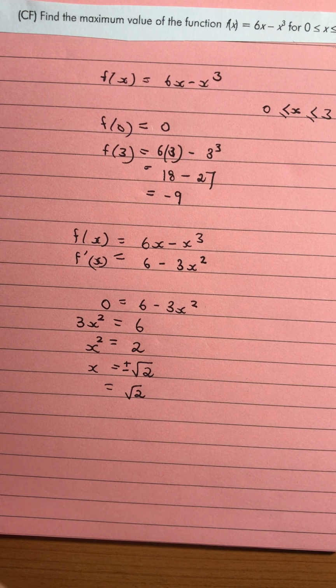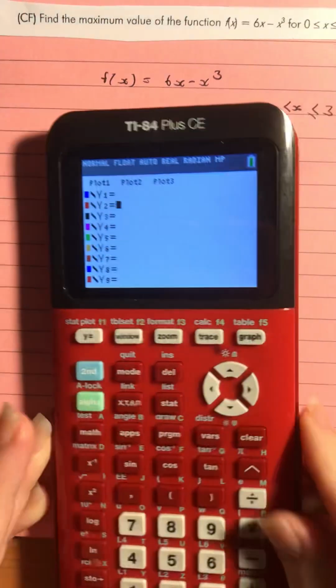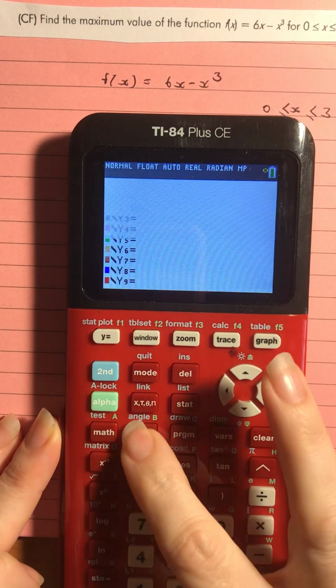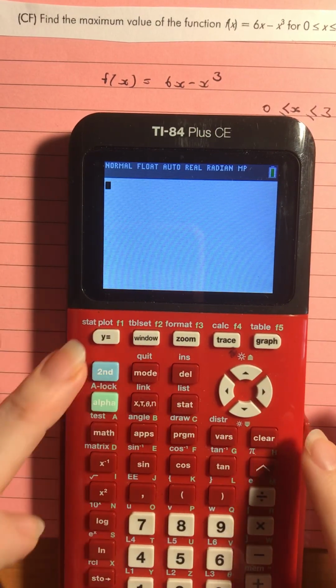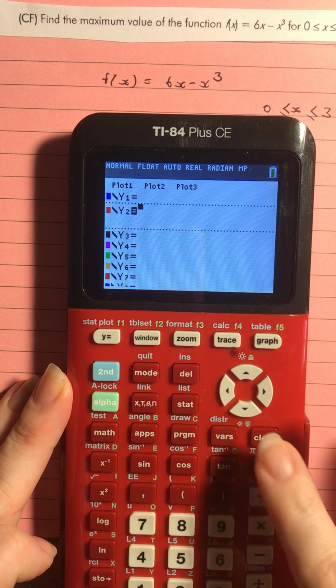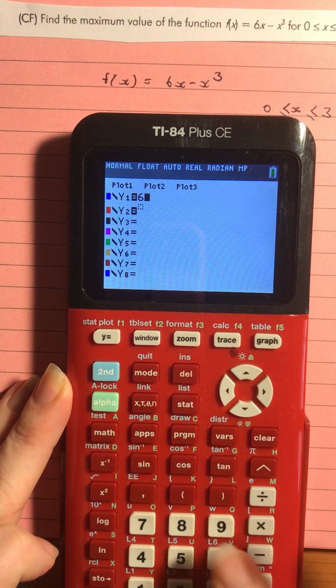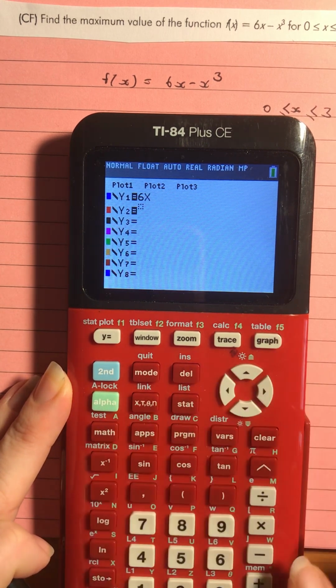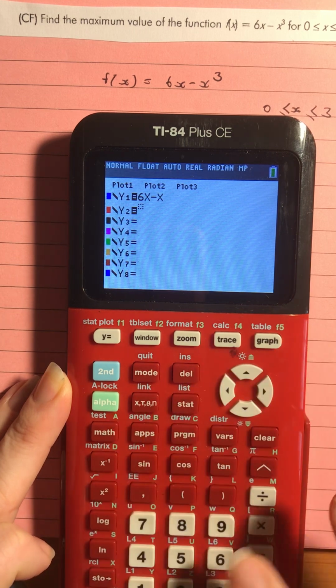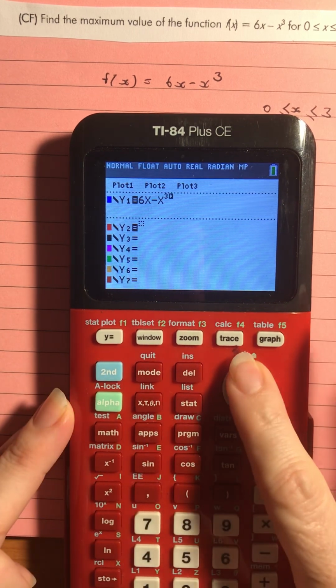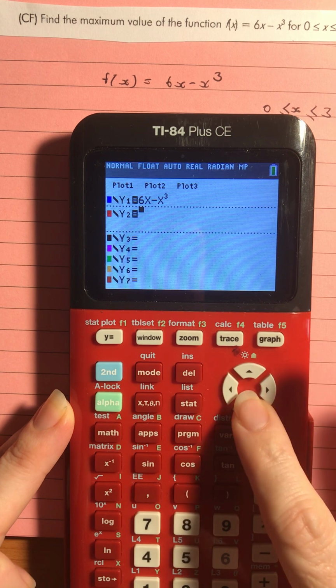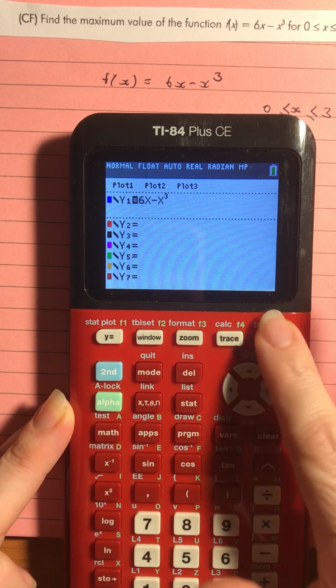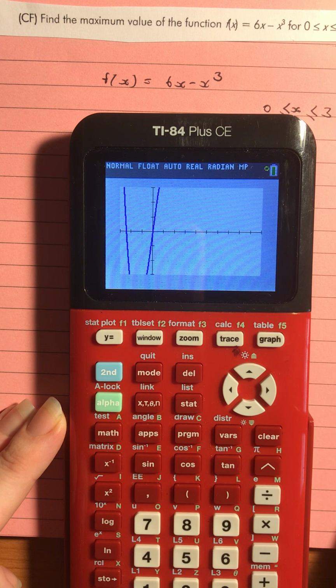So I'm going to use a quick way of finding values on my line and just pop my rule in here. So, y equals, and I've got 6x, and I'm taking away x cubed there. Just go down and make sure I've deleted that part that's there. Do my graph.